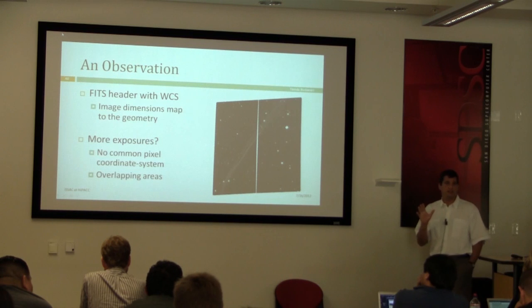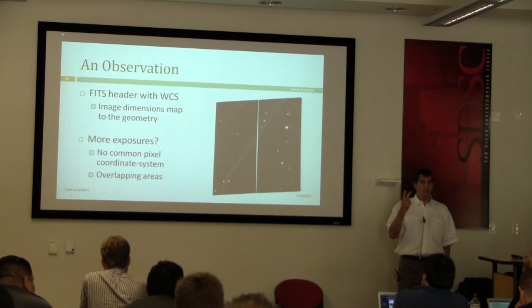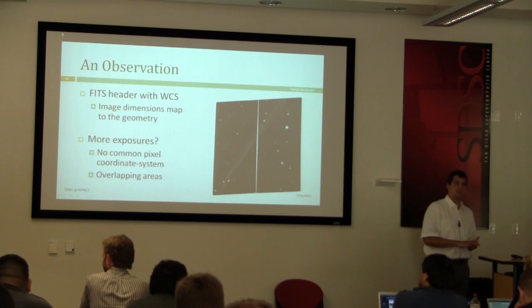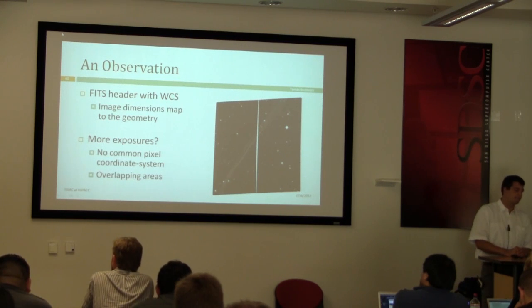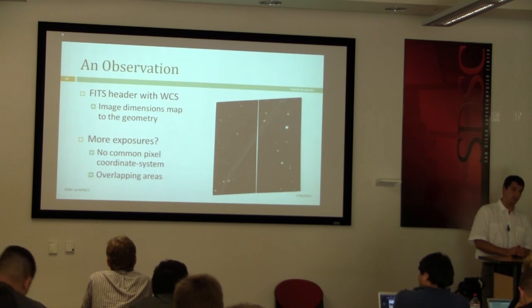Now, this is great as long as you have one image. But as soon as you have two images or more, then you have several coordinate systems, and now it's not so obvious how you would go back and forth between them. So we'd like to do something that goes beyond this very simple, actually quite expensive, way of representing the footprint.